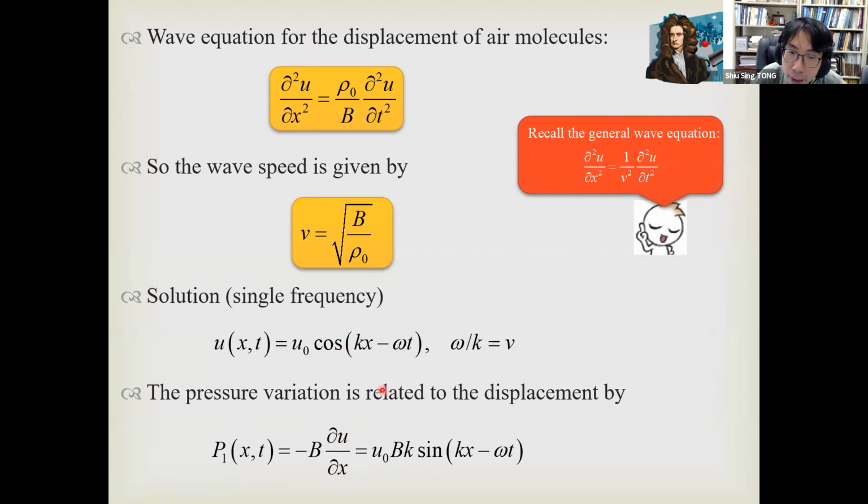Okay, and by the chain rule, we have a factor of k pulling out. The minus sign of the derivative cancels with this minus sign, so we have a plus here. Okay, so the pressure change becomes a constant u naught B k multiplied by sine(kx minus omega t).